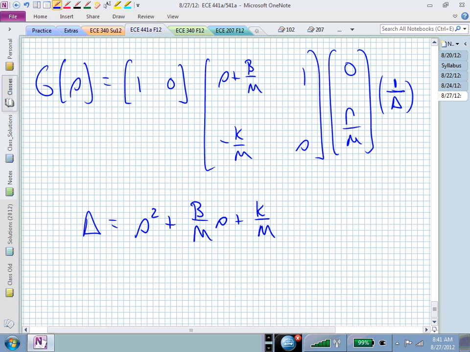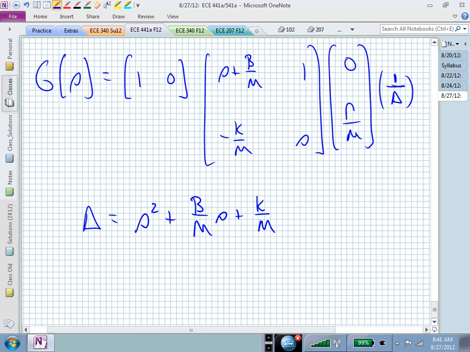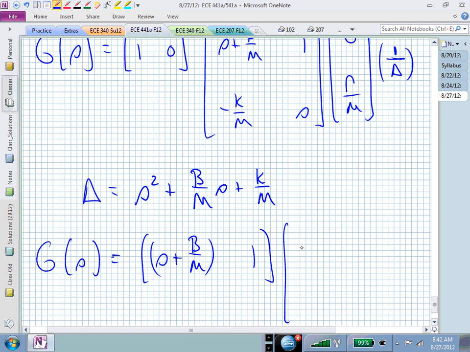So if I simply copy down the top row, I now have G of s as s plus B over M times 1 times this 0, gamma over M, times 1 over delta. So I multiplied the first times the second, then I kept the third matrix, which was a column vector, and I still need to scale by 1 over the determinant.